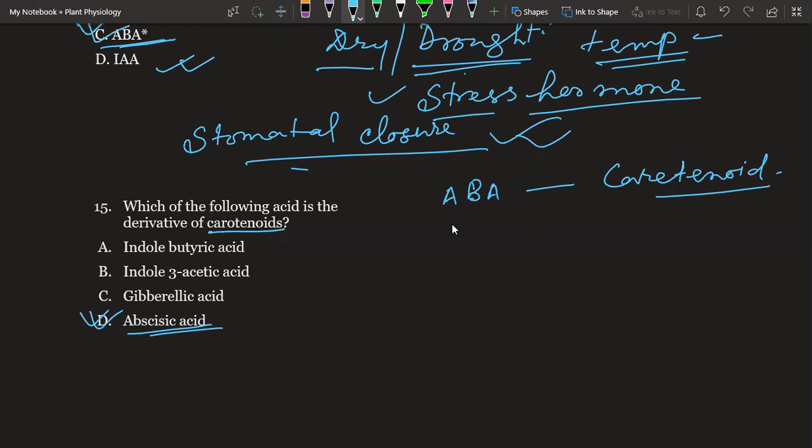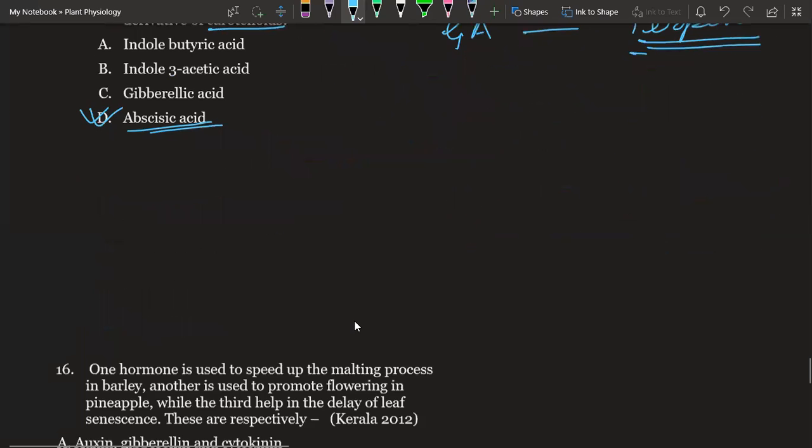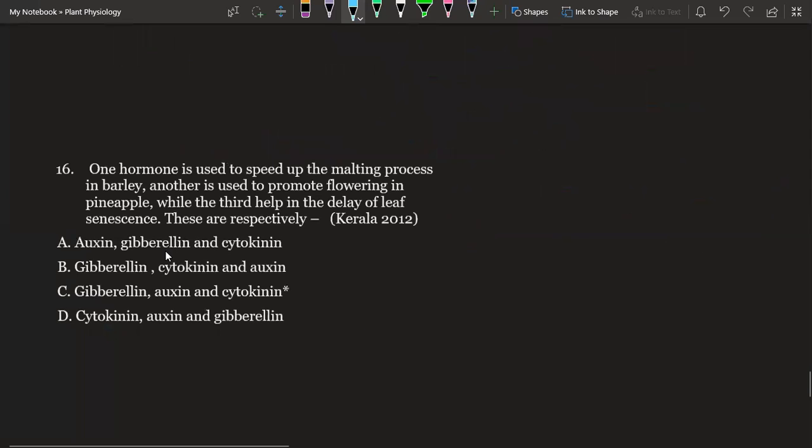Gibberellin, GA, is a terpene group of chemical. Cytokinin is an adenine derivative. Now, one question here, you have to think a little bit.